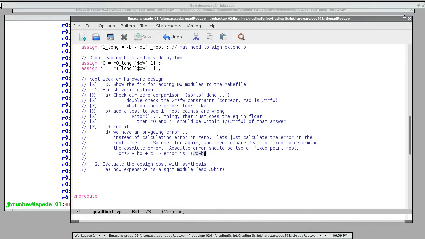And so we didn't notice this before. The reason we didn't notice this before is because the numbers were so small that making that minor tweak fixed it. And then we may have just gotten lucky in that range that the roots we were looking at were really tiny. But as we made the numbers bigger, this is what was blowing it up: as the root x is bigger, the error is going to be bigger.